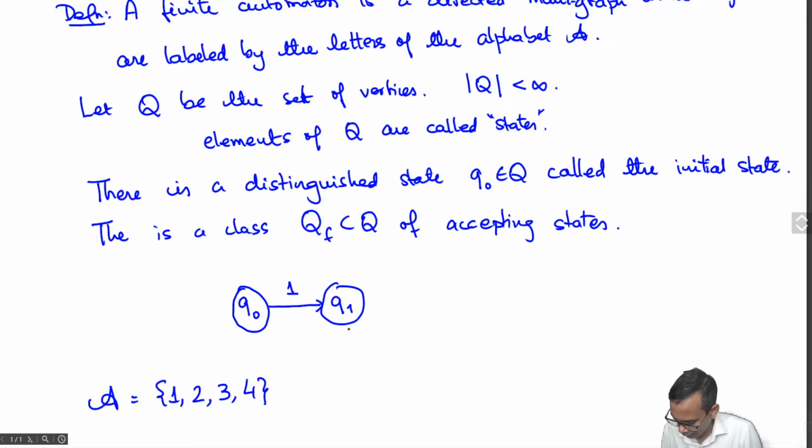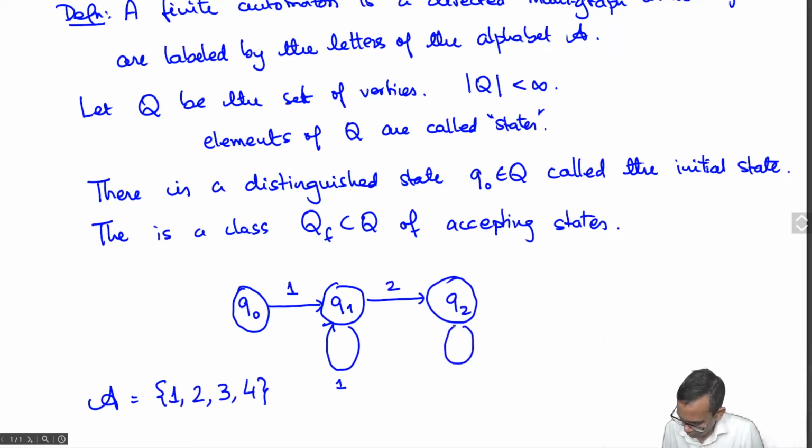And then I also allow loops here. So let's say from Q1 I'll draw an edge like this, Q2, 2, and here I have two edges, one labeled 1 and one labeled 2. So it's a common convention to not draw multiple edges many times, but just write down their labels.